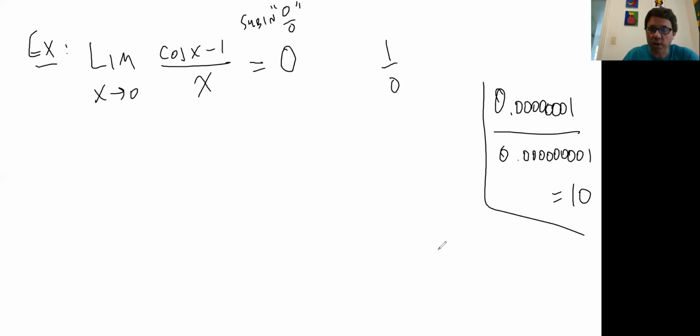Same thing if you just did the limit as x goes to infinity of 1 over x. What does that mean? That means that x is getting bigger and bigger and bigger. What happens when you take a reciprocal of big numbers? They get really small, 0.01, 0.001.